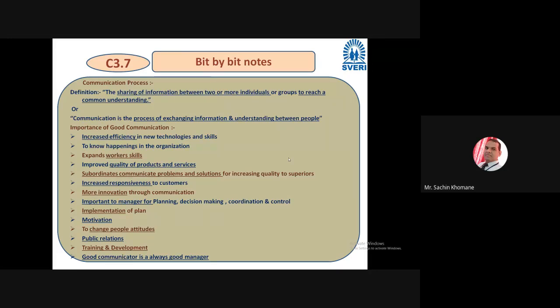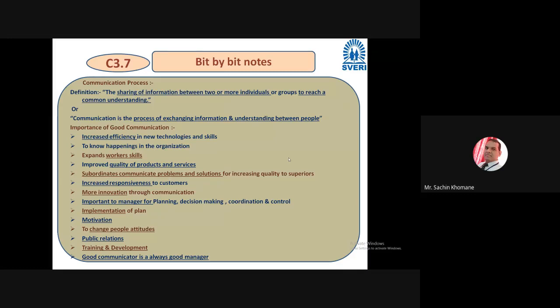So for performing the functions of planning, decision making, coordination and controlling, a manager should have good communication, and this is a benefit for him if he has good communication. Then implementation of the plan, for that purpose also, good communication must be there.